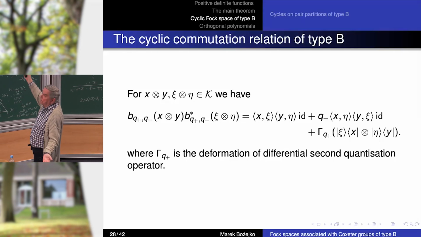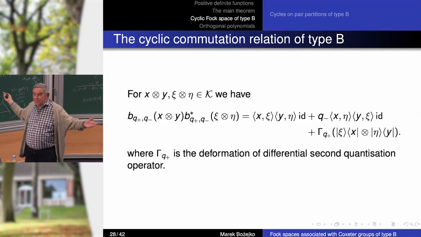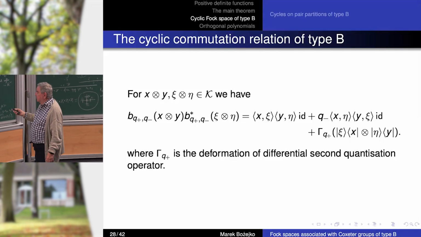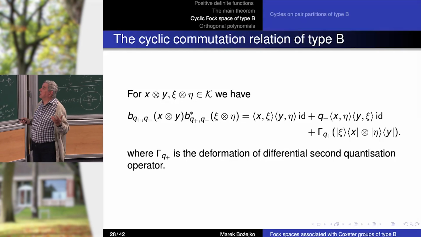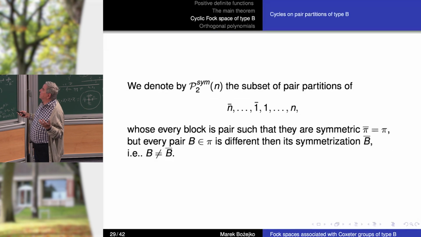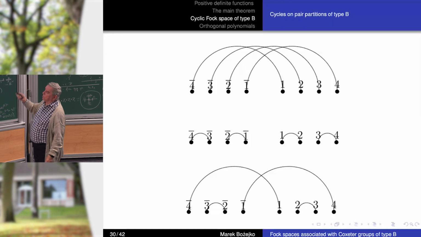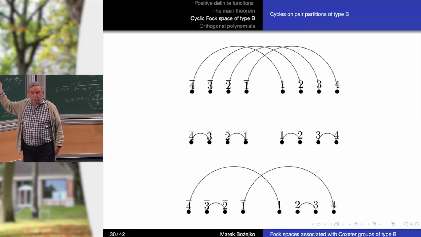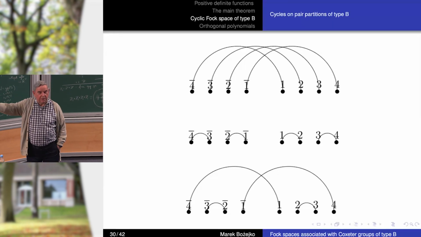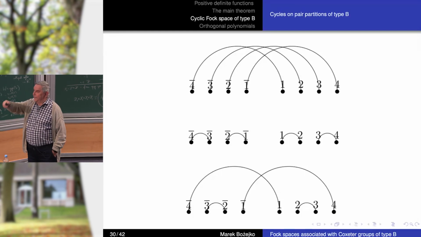Now, I'm coming from harmonic analysis and probability, so for us it's important, of course, to have the Wick theorem, the normal order, and how to calculate the normal order.